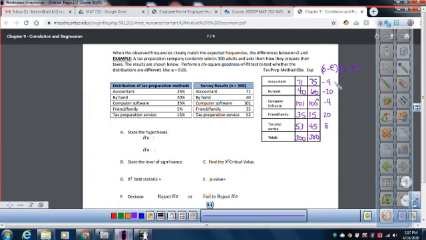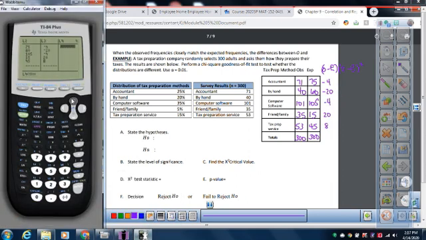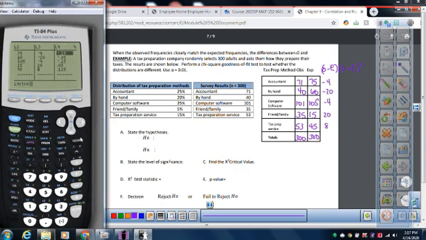So now I'm going to take each of those numbers and square it. And I can just take L3 squared. So I need to clear this and put L3 in parentheses and square.